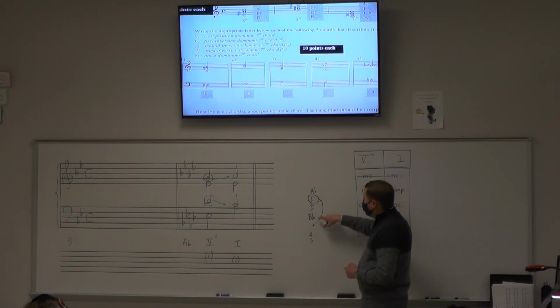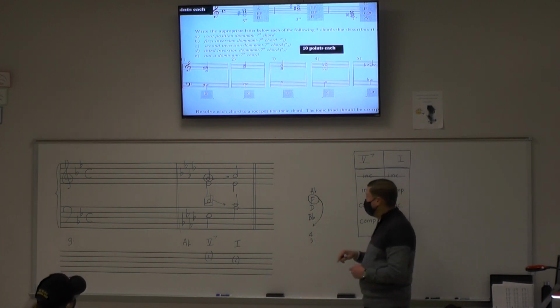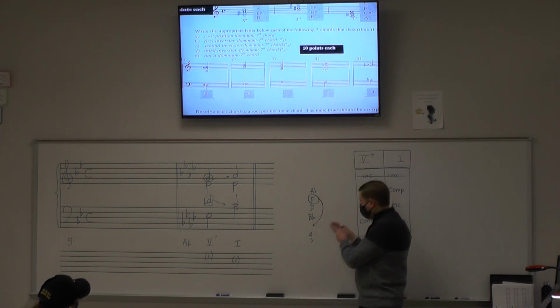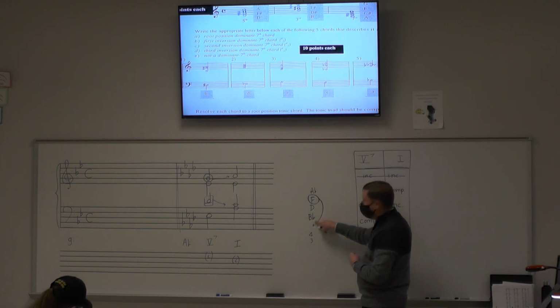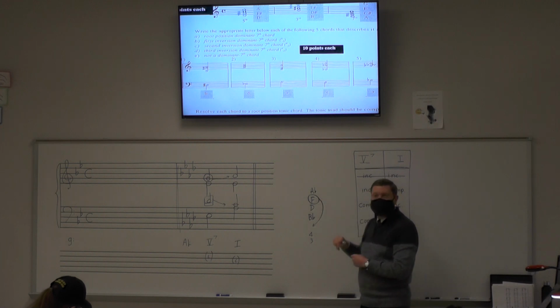I mean, I'm used to this kind of thing, but if you can get it to be in stacked thirds, the only way to stack all 4 notes of these in thirds is to have the B flat on the bottom, the D and the F in the middle, and then the A flat on the top. And when you can see the chord like that, what you see is what you get. You're getting face value. You know that's the root there. You know that's the third, that's the fifth, and that's the seventh. Yep.